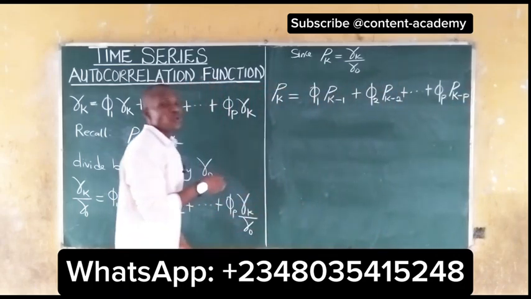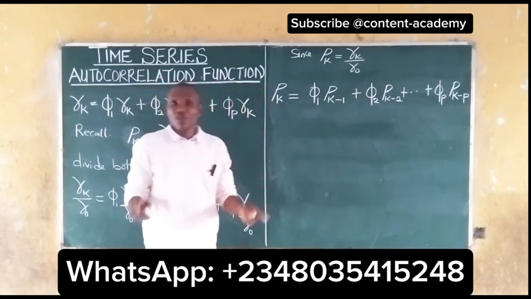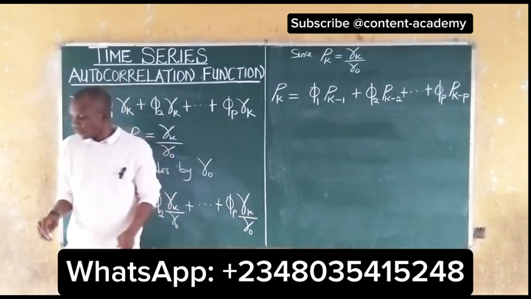So what do we need to do? We can now write the whole of this in matrix form. That means writing the Yule-Walker equation.